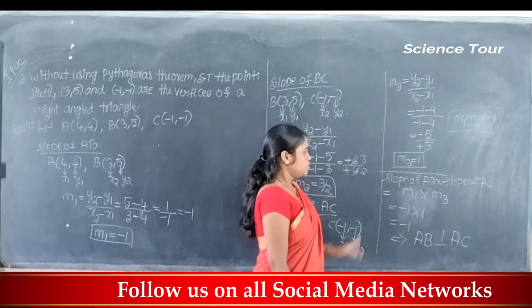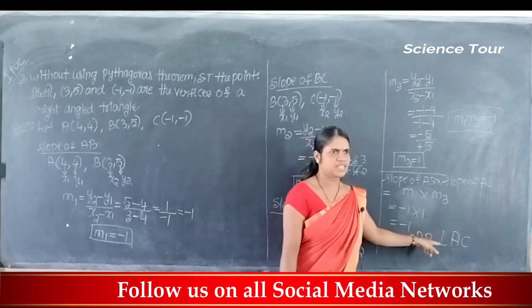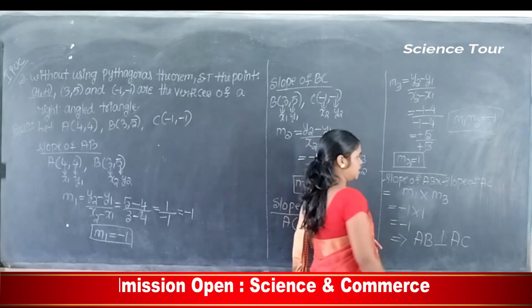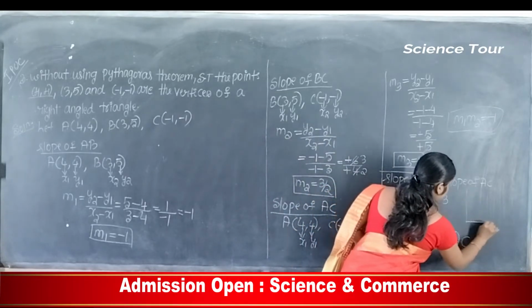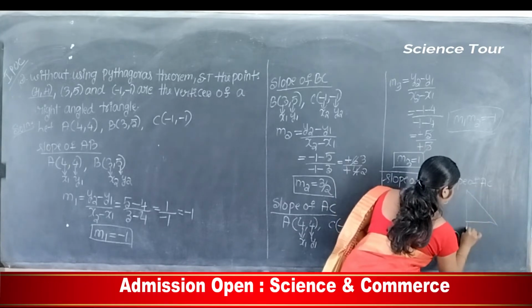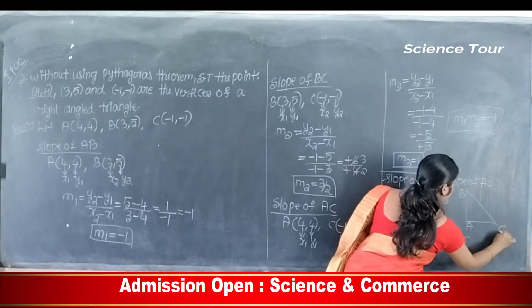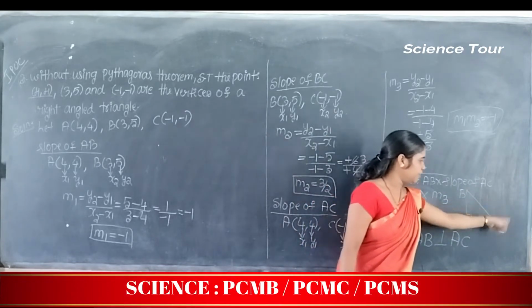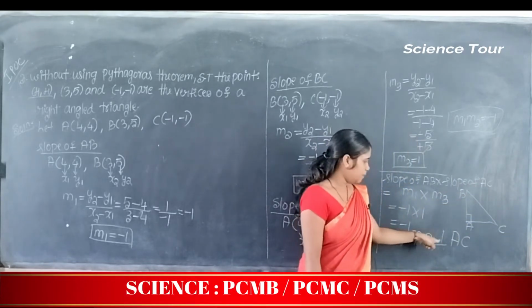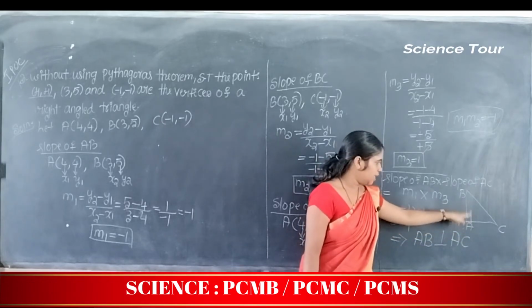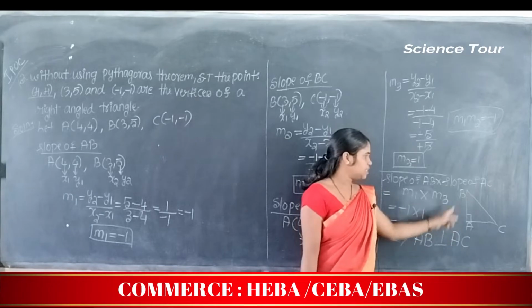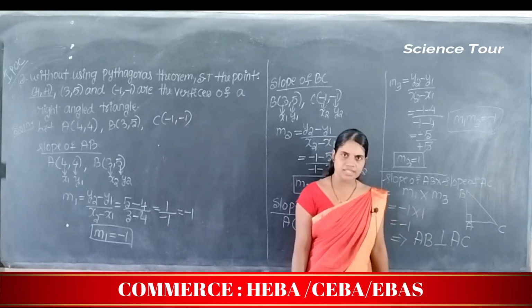Okay, yes. So can I represent it in diagram form? See, AB, AC. Here AB is perpendicular to AC, isn't it? So by this way, can I say triangle ABC is a right angled triangle?